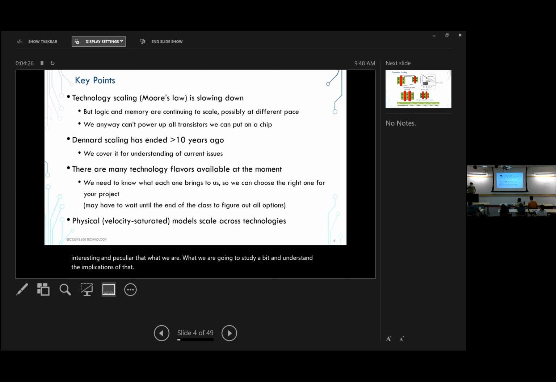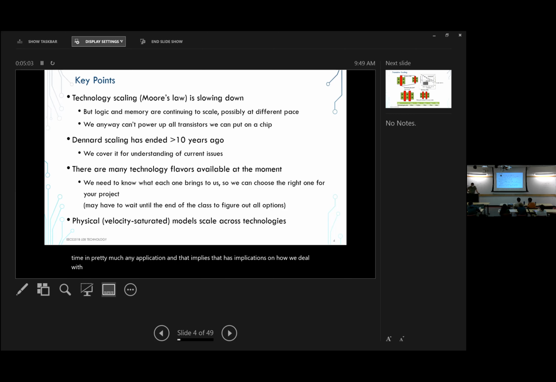Another big point is that everything is power limited now, from tiny devices to cell phones to data centers. The implication is that scaling has gotten us, and however you would like to describe how we have used or abused technology, to a point where we have so many devices that there is no way we can simultaneously power them up at the same time in pretty much any application, and that has implications on how we deal with things.